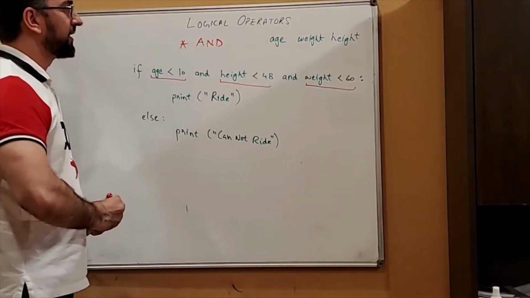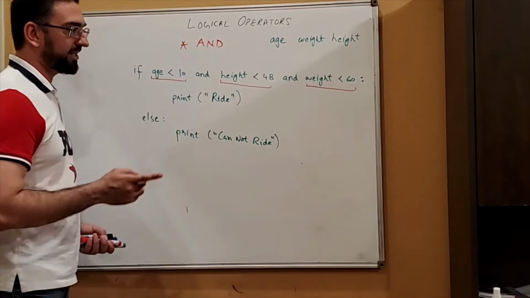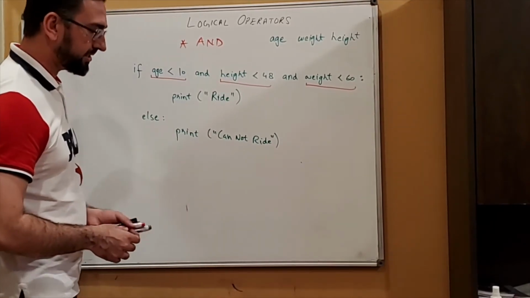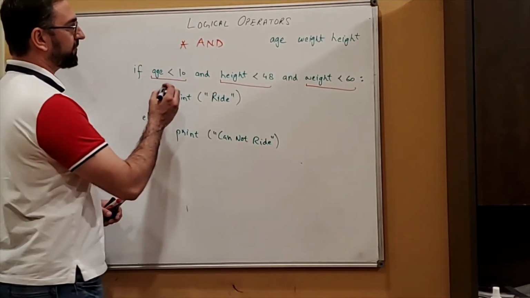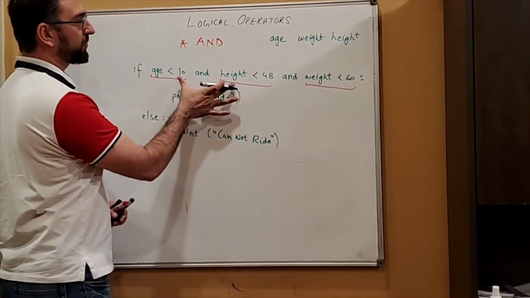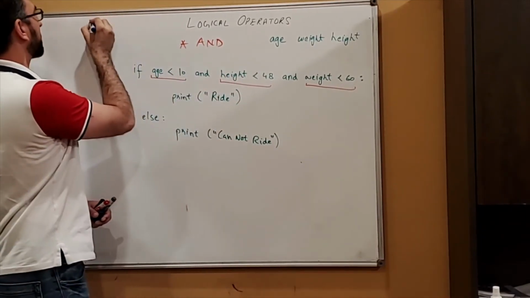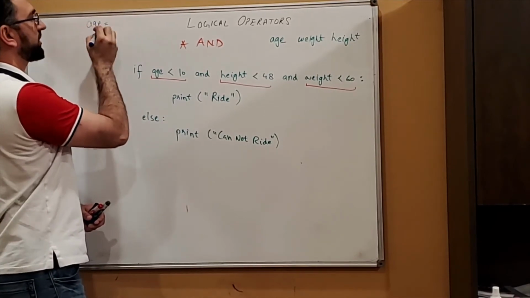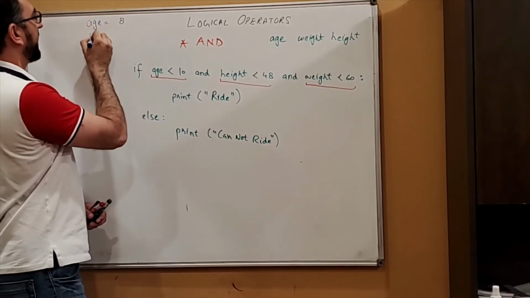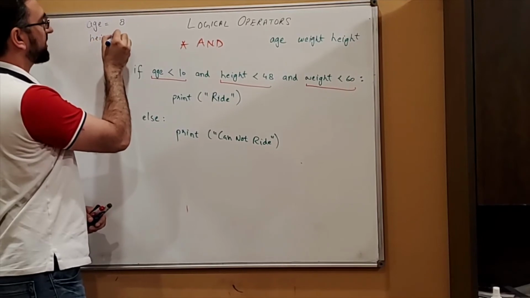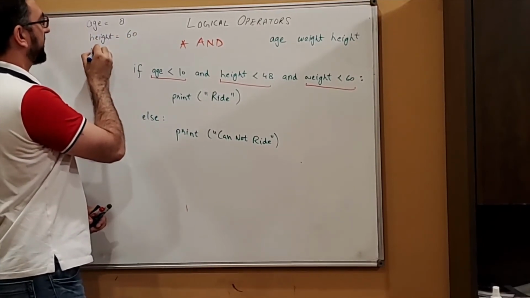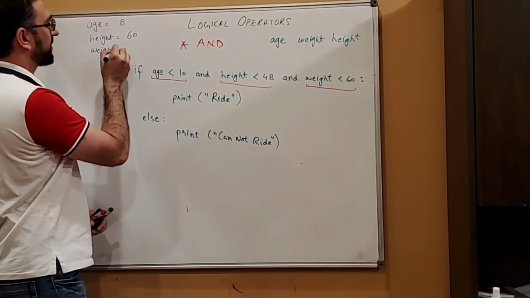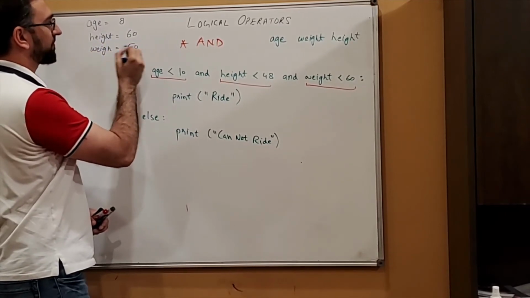All right. Now, it's important to understand that in terms of evaluation, it will first evaluate these two. So let's suppose the age of the user is 8, his height is 60, and his weight is, let's suppose, 50.